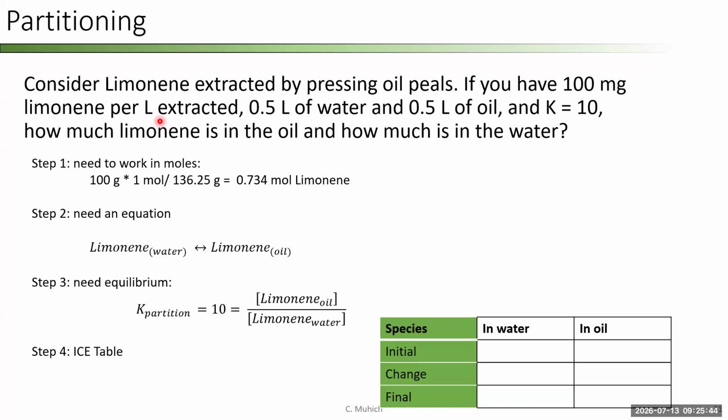If that final extract contains 0.5 liters of water and 0.5 liters of oil, and the partition constant K is 10, how much limonene is in the oil and how much is in the water? Remember, K in this case is above 1, so that indicates that most of the limonene should end up in the oil. That's at least in our mind where we should end up.